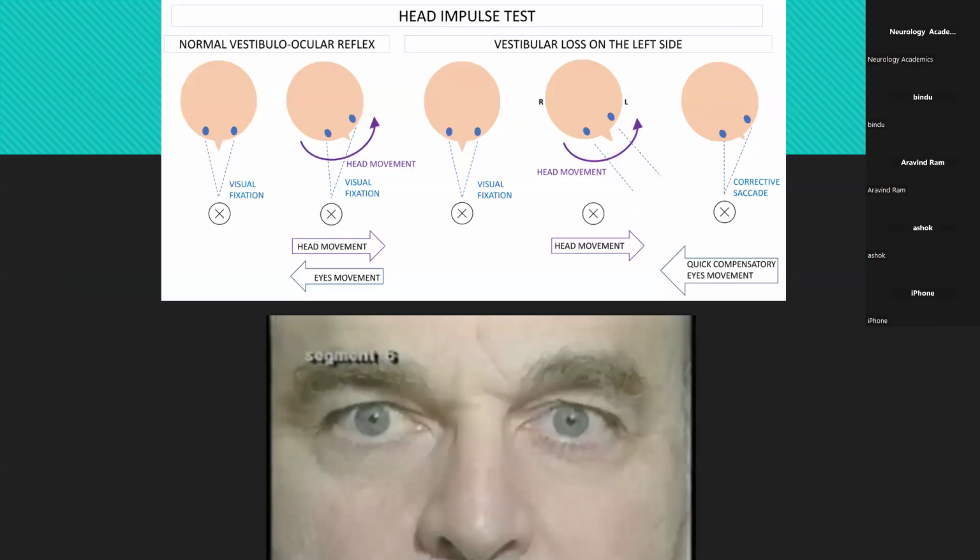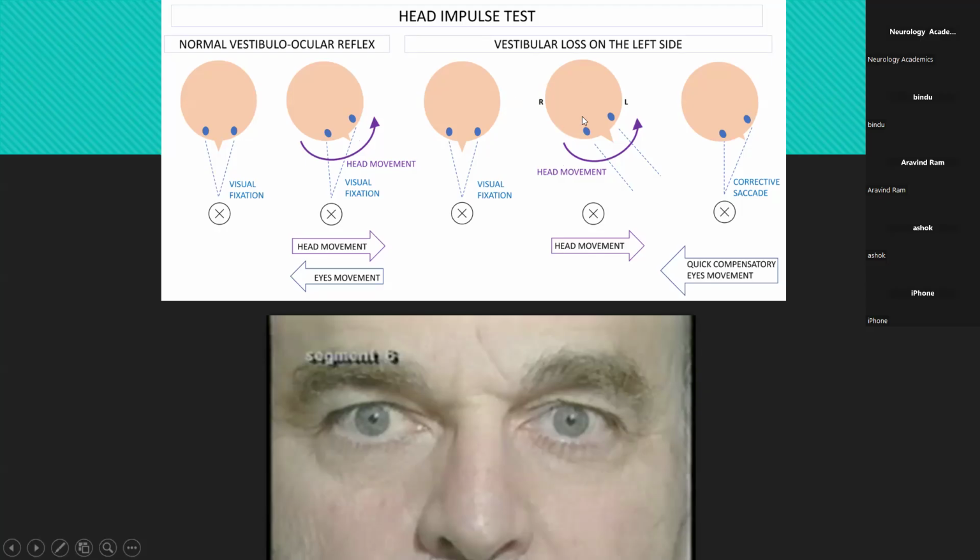So when we do this maneuver called the head impulse test towards the left, both images towards the left show us a normal VOR reflex. That is, when the eyes are able to fixate at primary position, and when the head is moved towards the left, the patient is still able to fixate at the visual target because of the VOR towards the right.